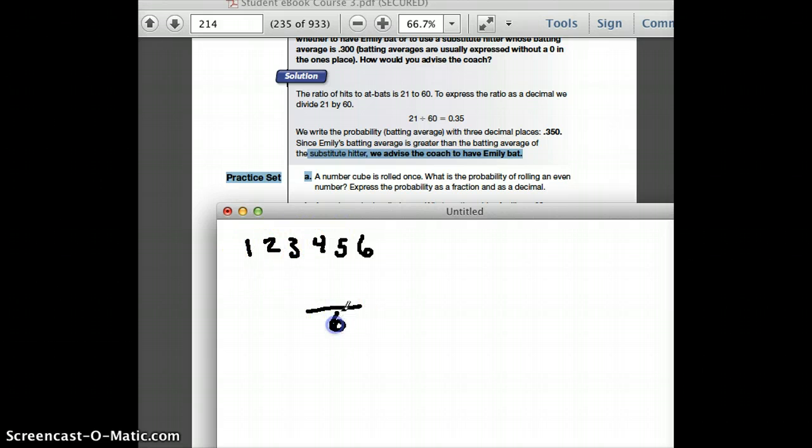There's 6 possibilities. How many are even numbers? That's what you want. Remember, we've talked about even and odd. Even numbers are the 2, 4, 6. How many even numbers do we have? 3. So there's the probability expressed as a fraction, 3 out of 6. Change that into a decimal, divide 3 by 6, and you are going to get 0.5. So that's the answer to number 1.